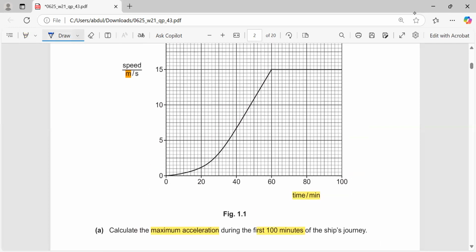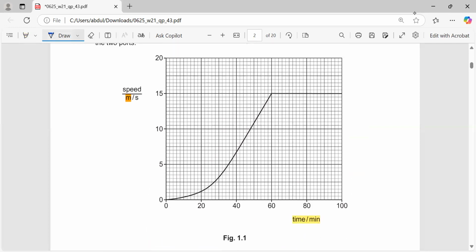Now, if we talk about this graph, this portion shows acceleration is equal to 0 because the velocity change is 0, velocity is constant. In the beginning, the acceleration is increasing slowly because the slope is increasing slowly.